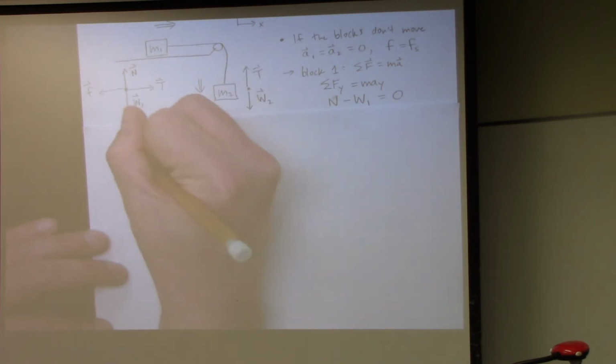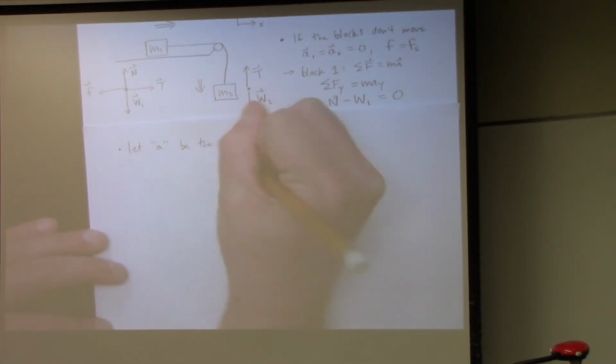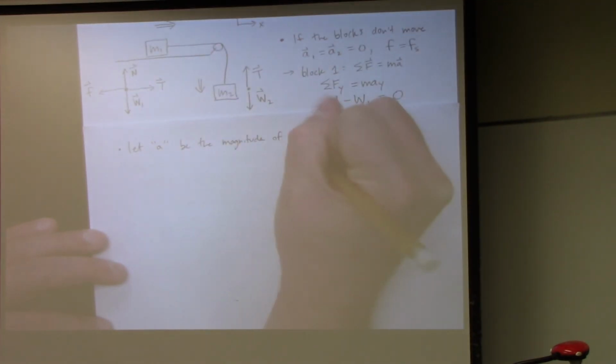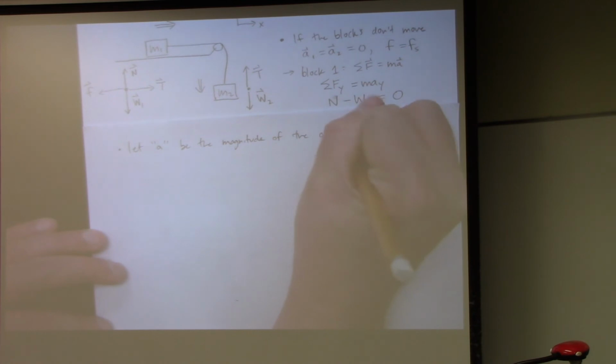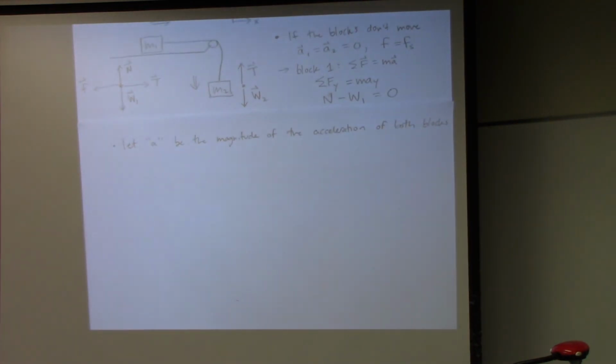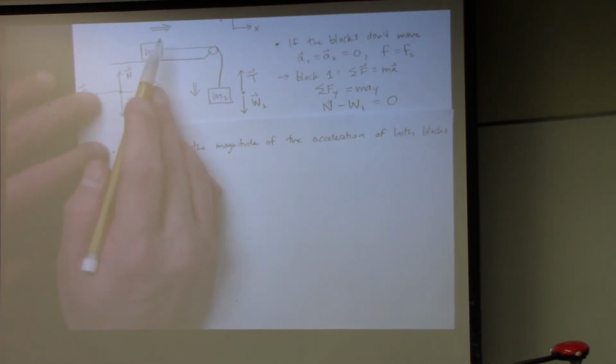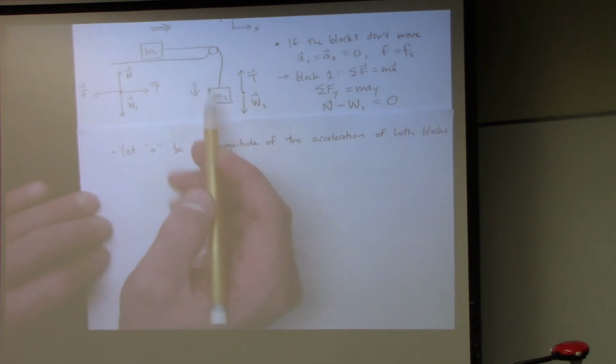So we're going to let A be the magnitude of the acceleration of both blocks. Because they're connected by a string, they're going to move together. So if this one is accelerating at 1 meter per second squared, so is this one.